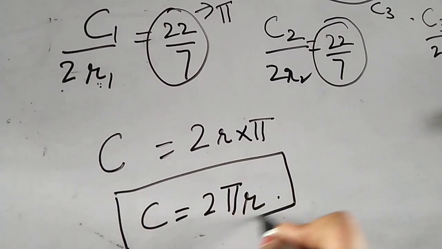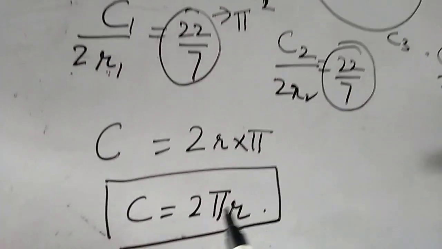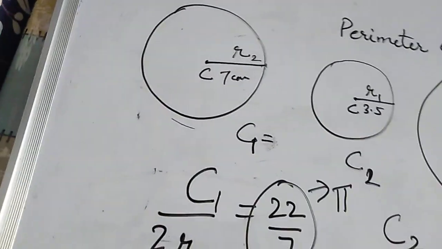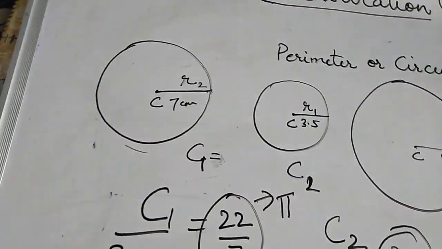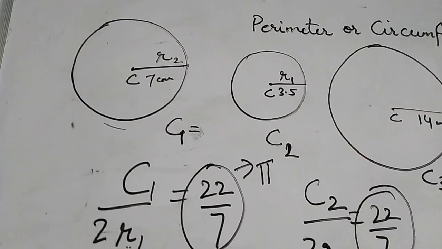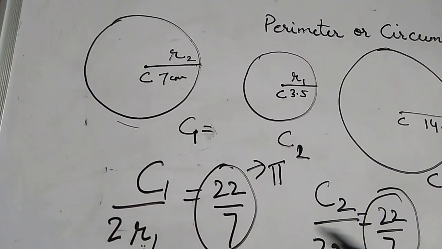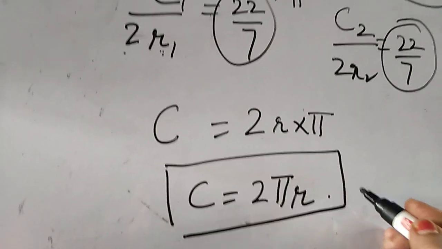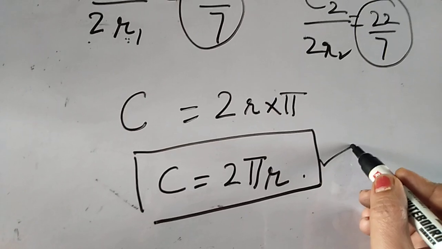Understood, children, how this formula came? 2 pi r is the circumference. What is circumference? Circumference is the curved boundary of a circle. And he was a mathematician, and he came to know the relationship between the circumference and the radius, and thus he derived this formula that circumference is equal to 2 pi r.